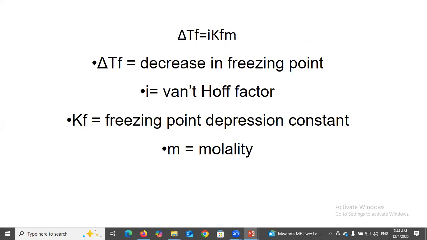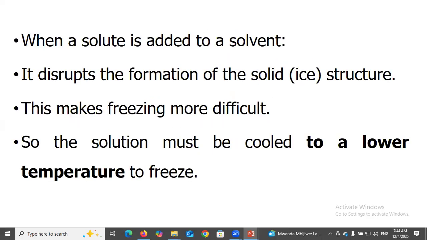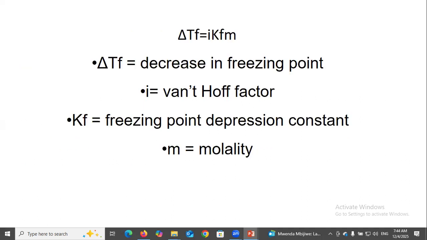Delta Tf equals i Kf m, where delta Tf is the decrease in freezing point, i is the van't Hoff factor, Kf is the freezing point depression constant, and m is molality.